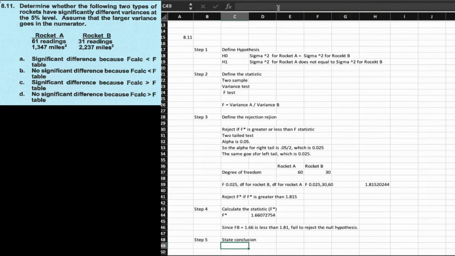The conclusion is there is insufficient evidence to state that sigma squared for rocket A is not equal to sigma squared for rocket B. That's the conclusion, and the answer, no significant difference because F calc is less than F table. The answer is B. So it's a long way of answering, but this is how it goes.